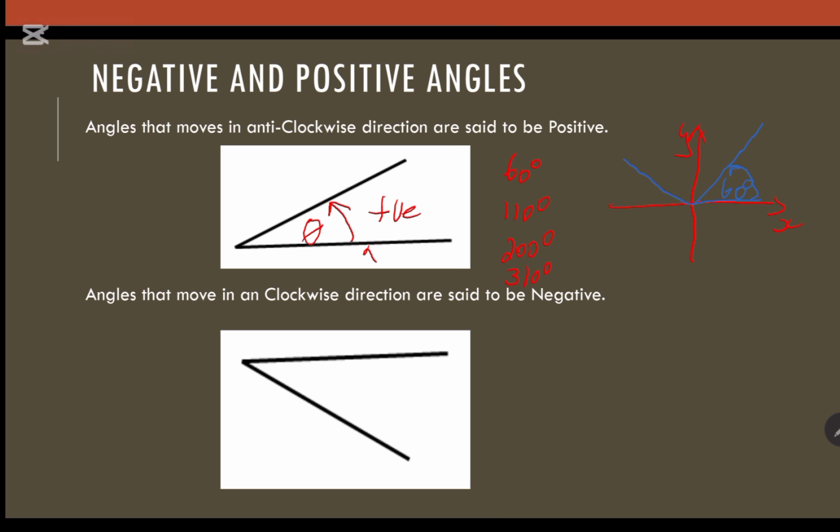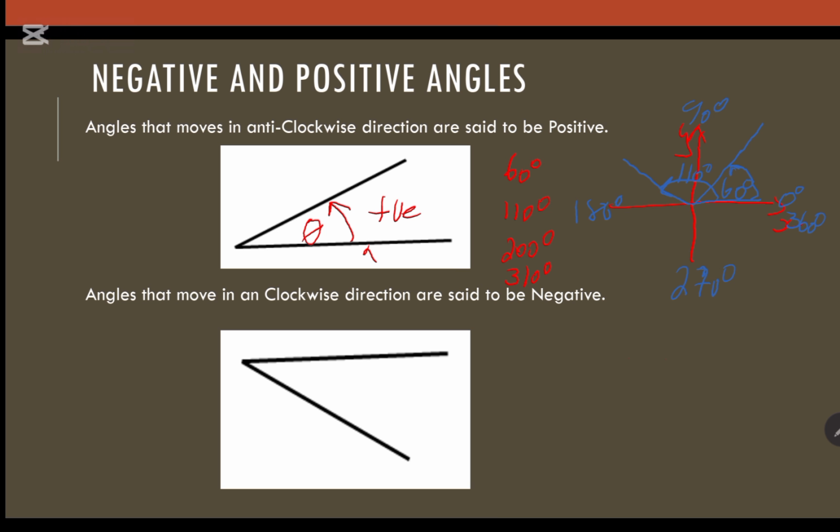So 110 degrees will be found here because where it is starting, it is at 0 degrees. That is 90 degrees. That is 180 degrees. And this is 270 degrees. And when it comes back here, it completes the revolution at 360 degrees. So this angle that is completed here is 110 degrees.